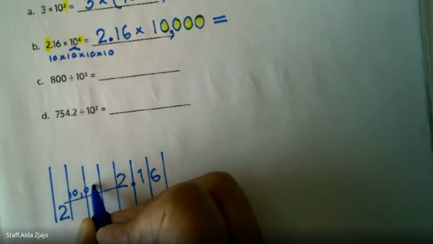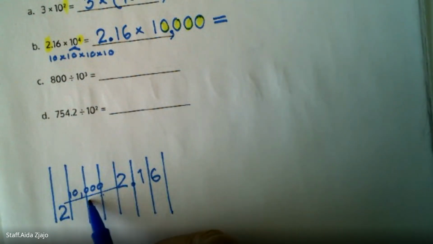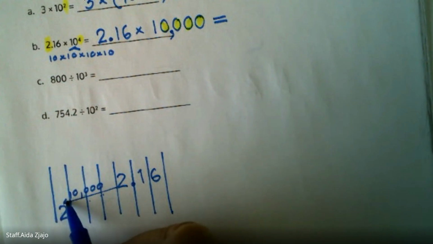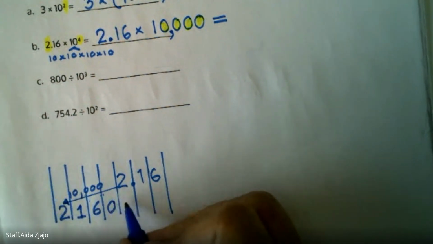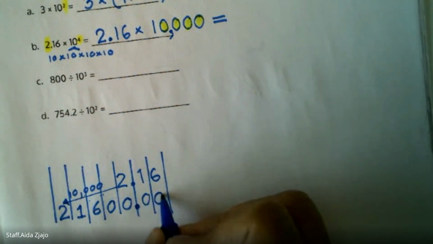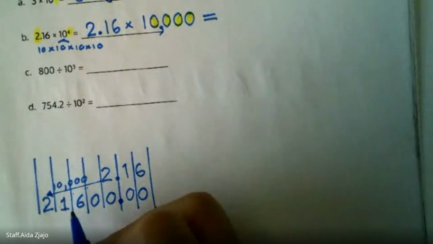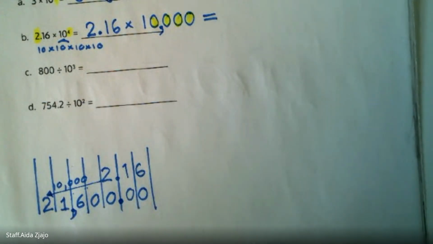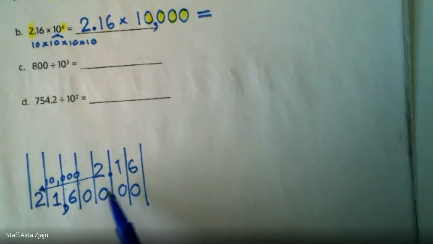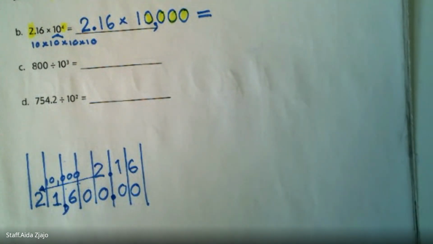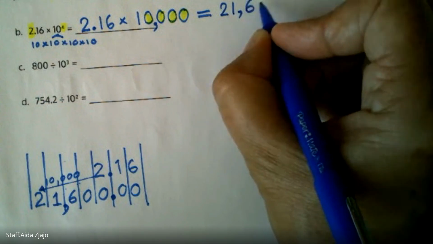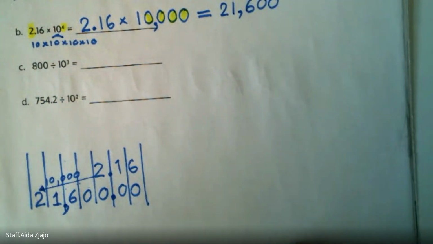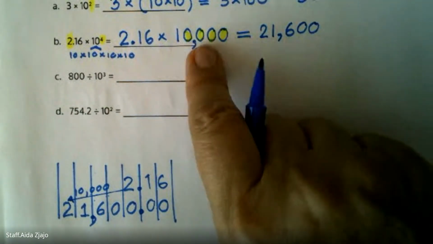Times 10,000, so 1, 2, 3, 4. It moves to here. So that will be a 1, 6, 0, 0, decimal point, and that will become 21,600. That is when you do 2.16 times 10,000, you got yourself 21,600 as the answer. The number is going to be 10,000 times greater.